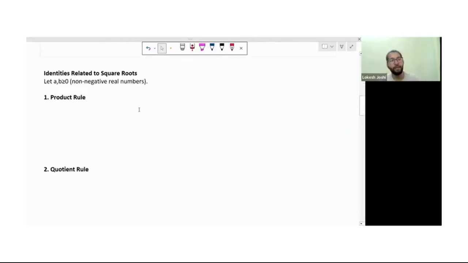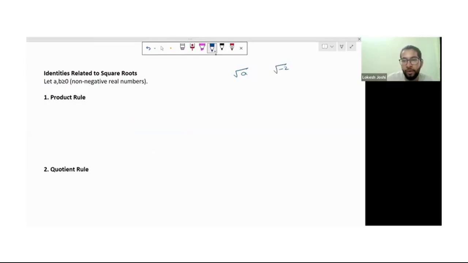Now there are some identities related to square roots. Suppose I have the square root of any number a. What are the properties associated with them? First of all, there is the product rule, which states that suppose I have two numbers a and b, they should be non-negative. We cannot define something like under root minus 2.